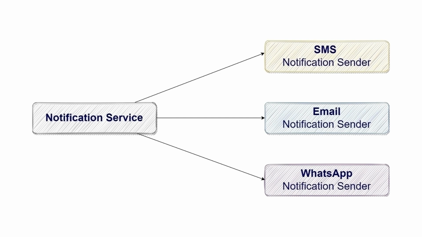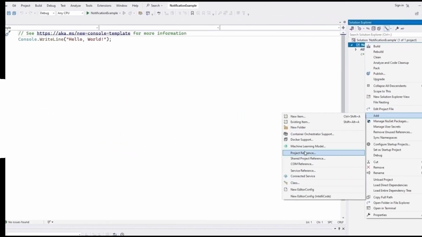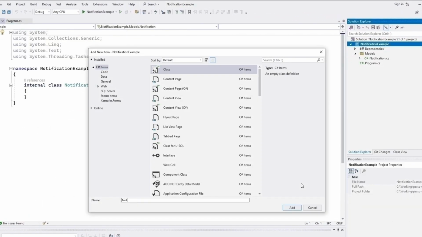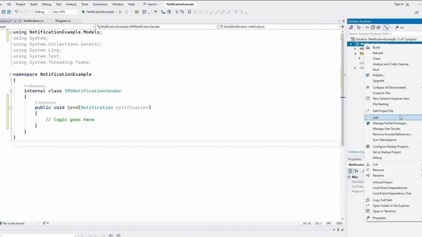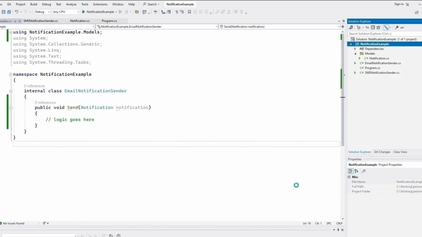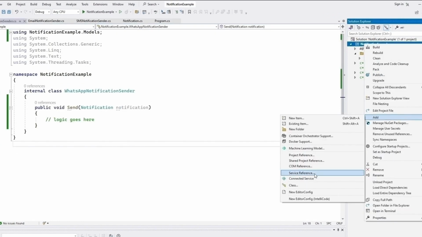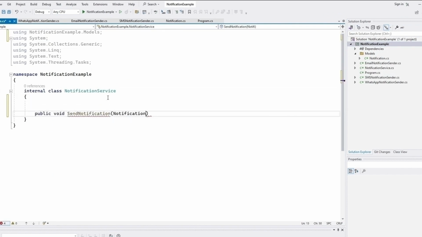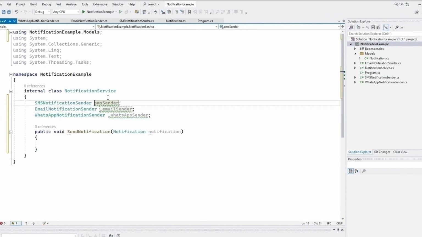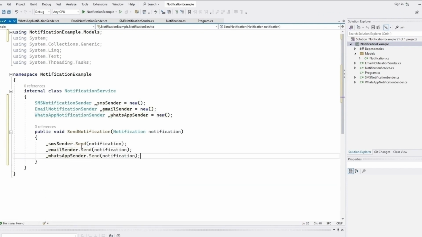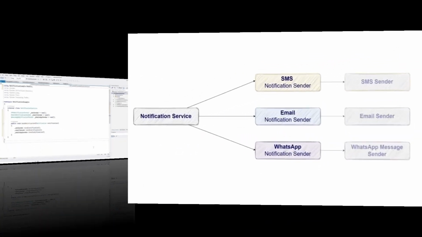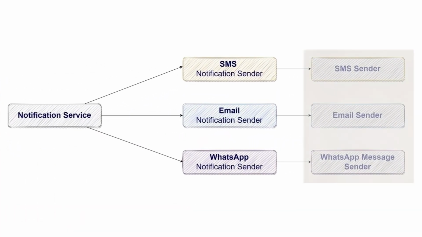In addition, we have a notification service which is composed of these 3 components. In addition to these components, we will also need some additional underlying components to make it work.